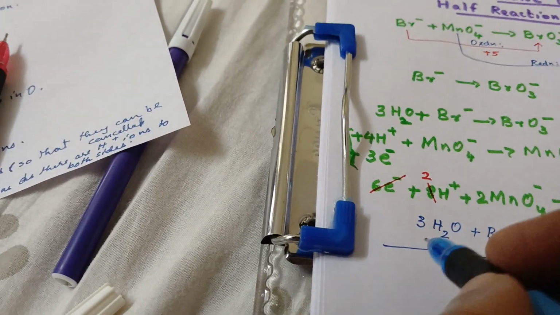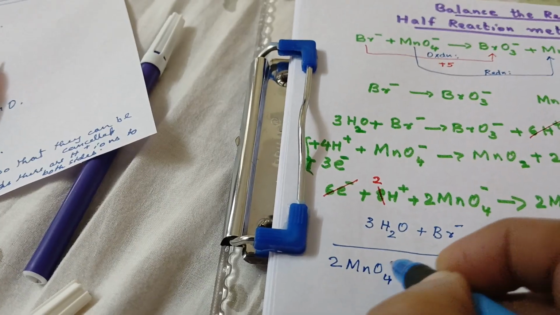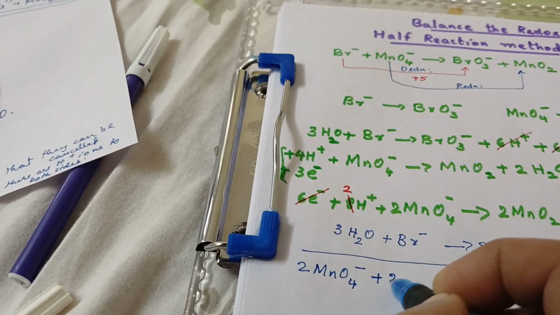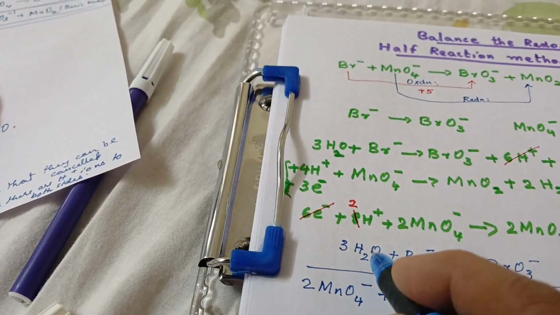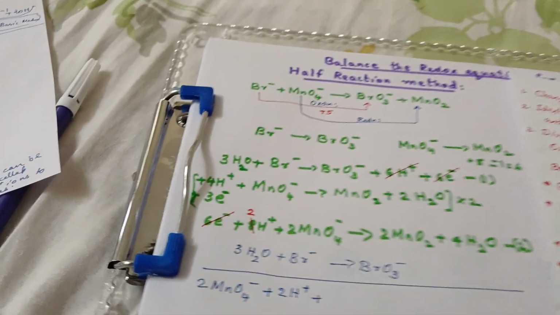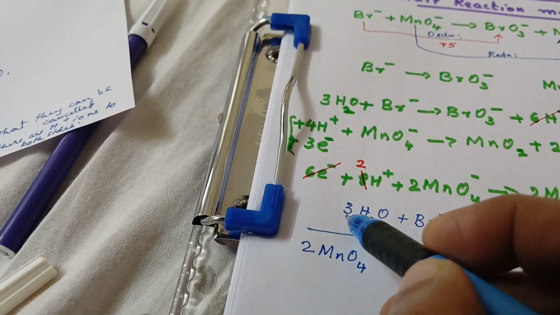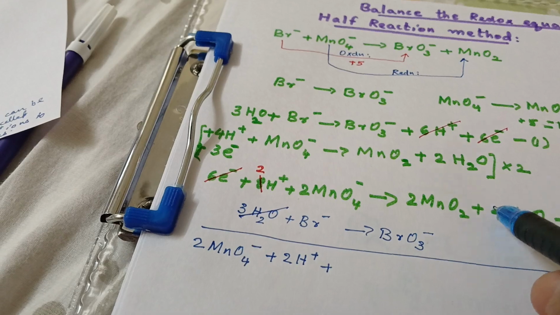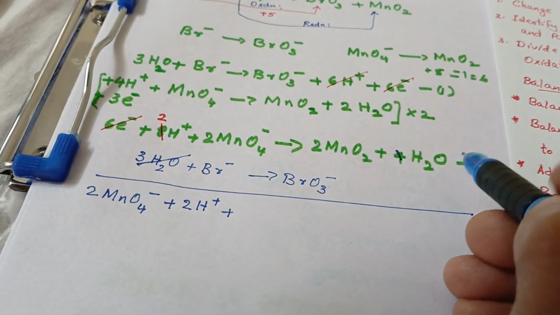We'll get 2 MnO4 minus, this 2H plus is there, plus 2H plus. We forgot to subtract the water molecules. Let us do that. Here we have 3 water molecules. This when subtracted from this 4 will give us 1 water molecule on the right hand side.